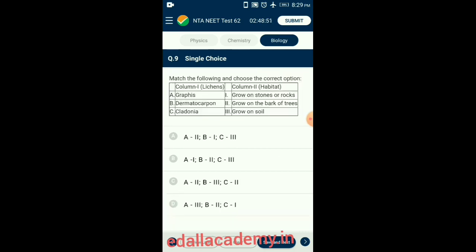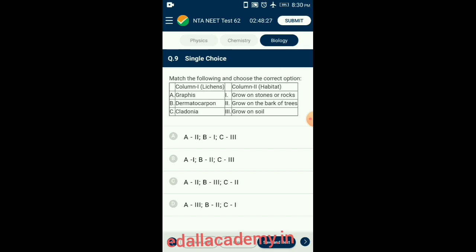Question number 9. Match the following and choose the correct option. While you're seeing column 1 and column 2, lichens are divided into different categories based on their habitat. Saxicolous are the types that grow on stones or rocks, example, Dermatocarpon.